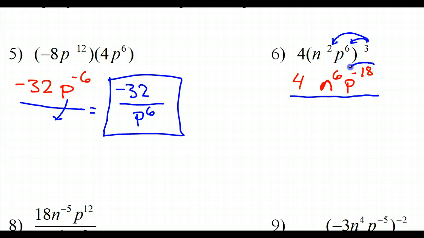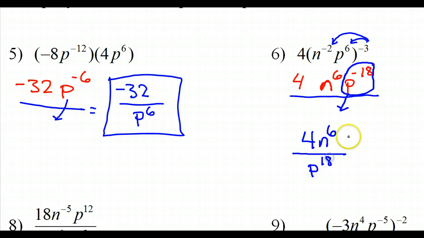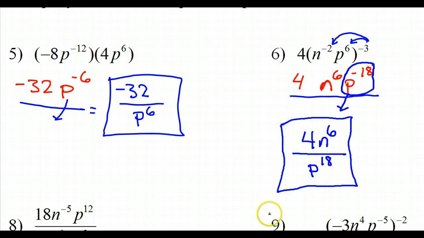This is the only thing that's on the wrong side of the fraction line. So it is going to move down, but the 4 and the n to the 6th power are going to stay up where they are. So your final answer is going to be 4 n to the 6th power over p to the 18th power. Once I move it down, it's a positive exponent. Okay, so there's number 6.